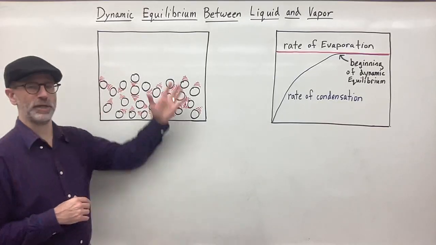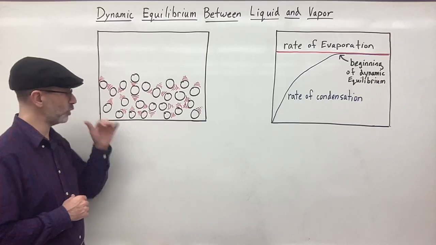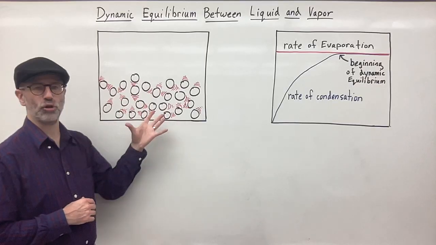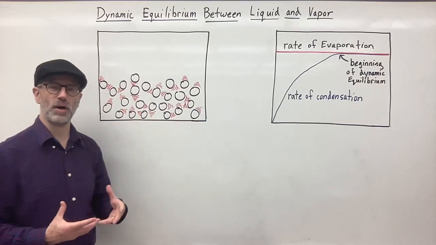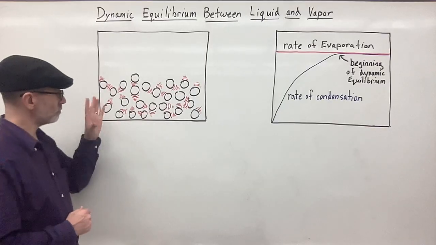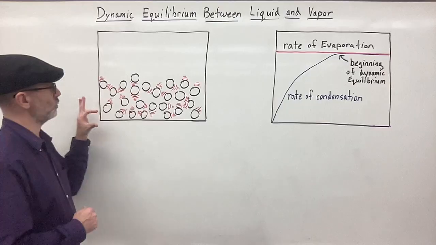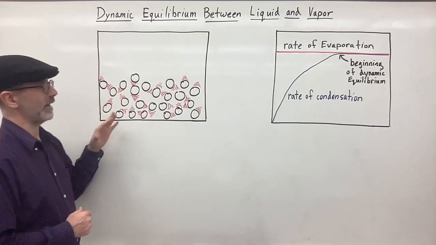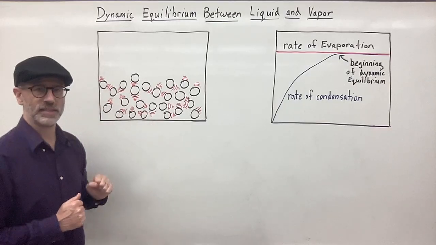Here I have a picture of the water molecules. Every circle, every particle here is a water molecule. The liquid is on the bottom, and it's a closed system, as I said.